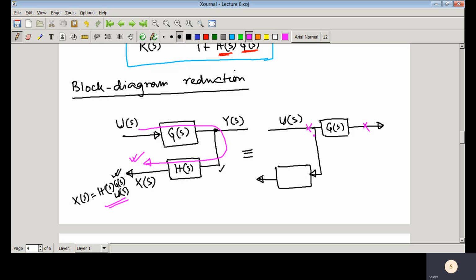So now if you change this tap point from here, as these two are equivalent, at this particular point you must have that same signal.